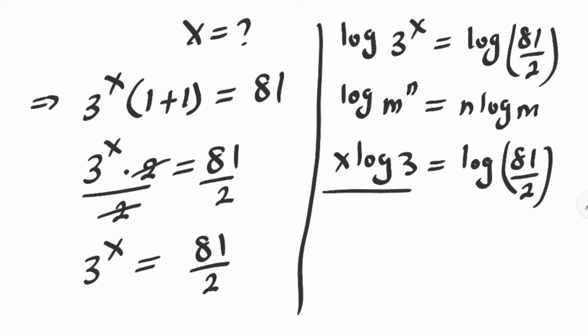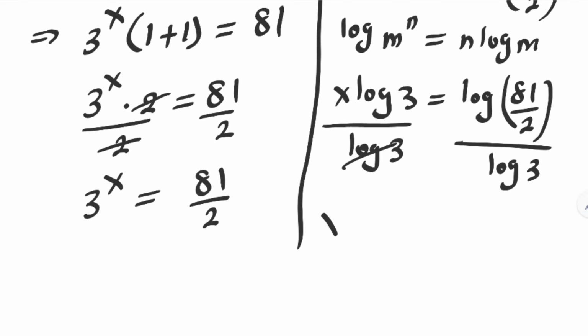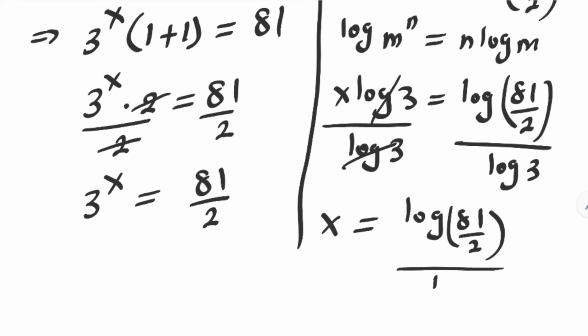Let's divide both sides by log 3. Divided by log 3 and this divided by log 3. Log 3 cancels log 3. x is equal to log 81 divided by 2, then divided by log 3.